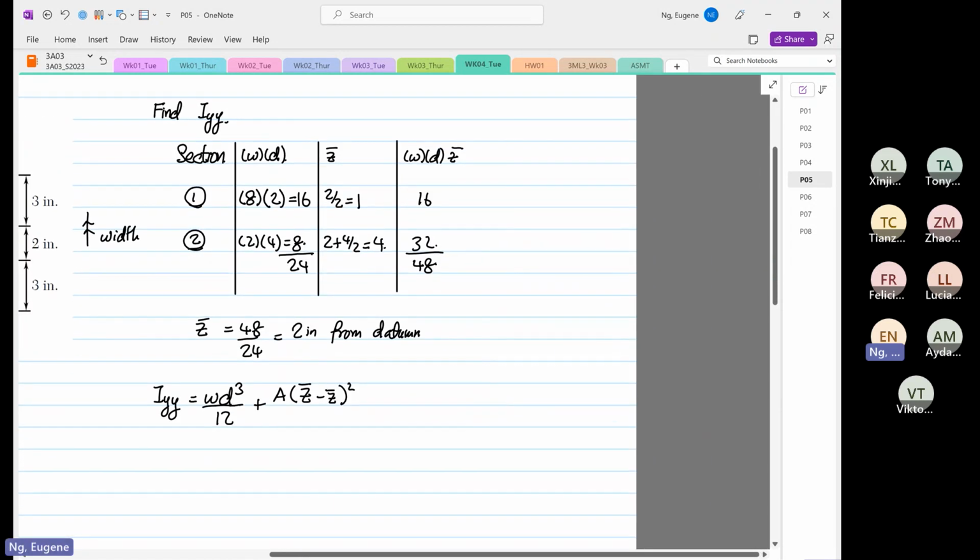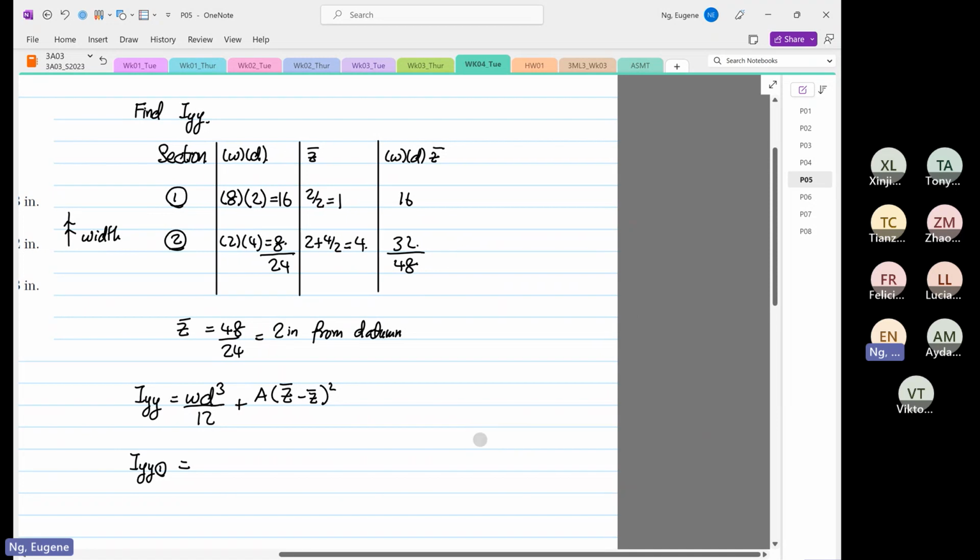Okay. And because of how we have done our table, for IYY1, you will not make mistake if your table is correct. So without looking at the figure, I'm looking at the table now. So you have 8, 2 cubed over 12 plus 16 bracket 2 minus 1 squared.